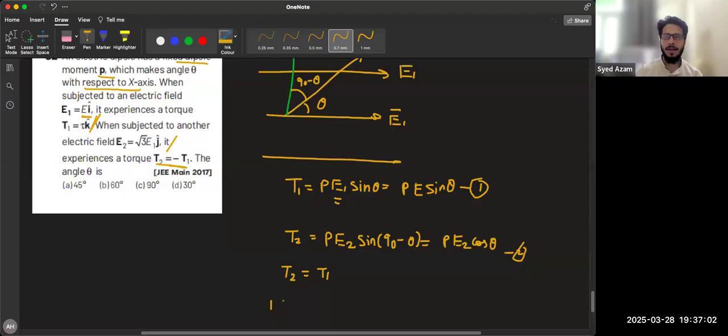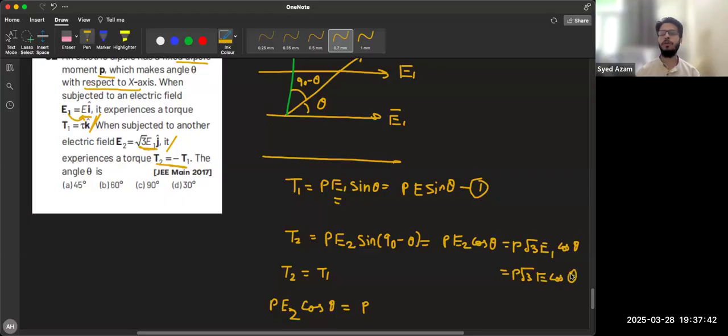You can write that P E2 cos theta is equal to, and we also have to write the magnitude of E2. What is the magnitude of E2? E2 is root 3 E1. So that's P root 3 E1 cos theta. And how much is E1? E1 is equal to E. So you can simply write this as P root 3 E cos theta.